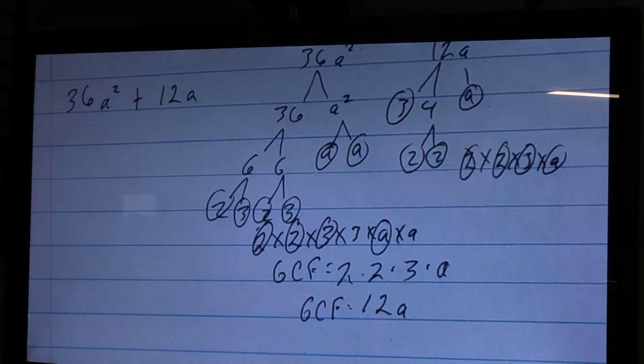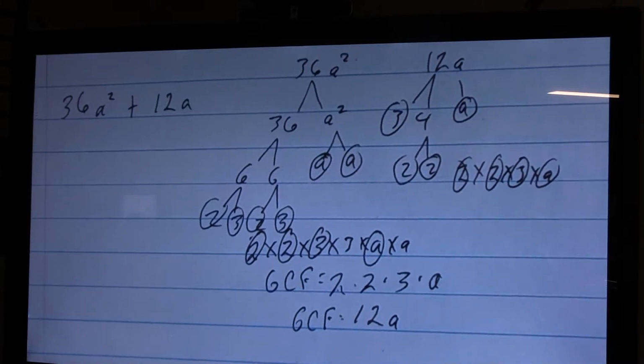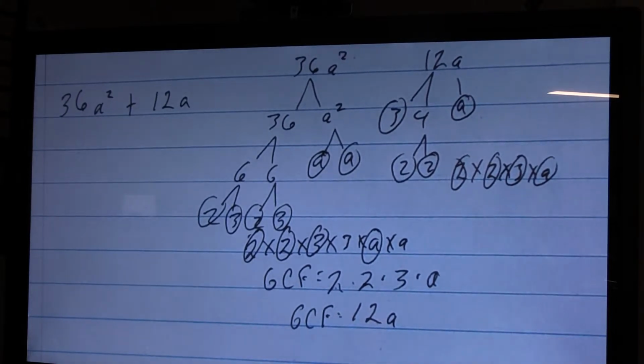Now, I could do it that way, and I did. I could also use my number sense, and using my number sense, I can look at that, and I just know that 12 would be the greatest common factor as far as coefficients. And then variables, a would be the greatest common factor because there's at least one a in both of those variables.